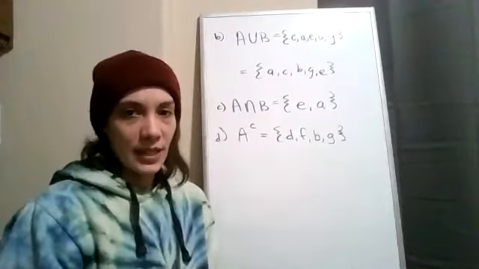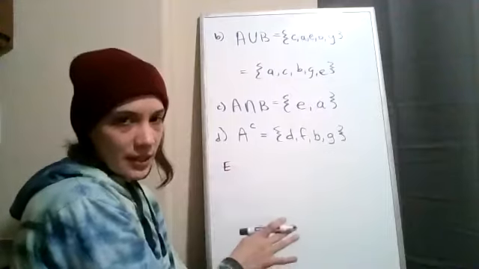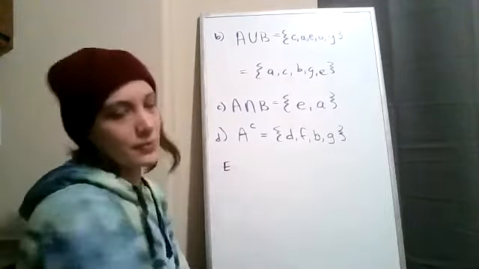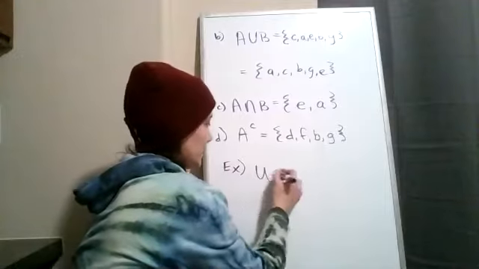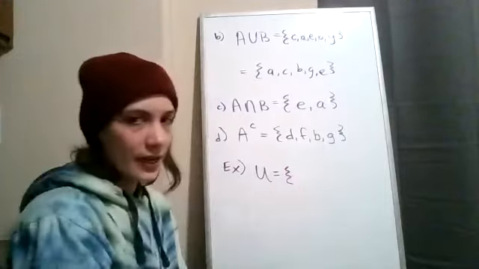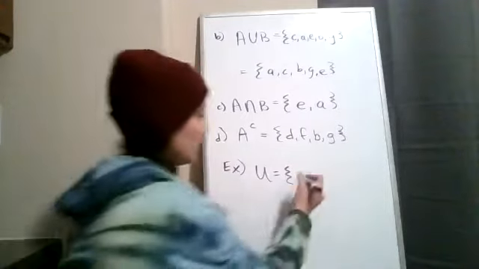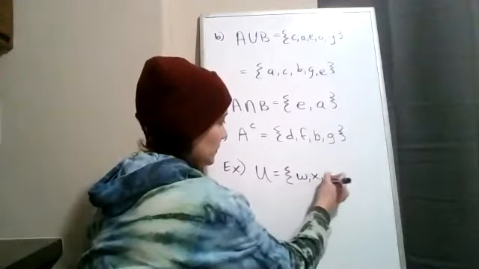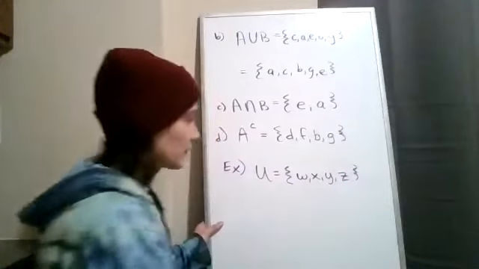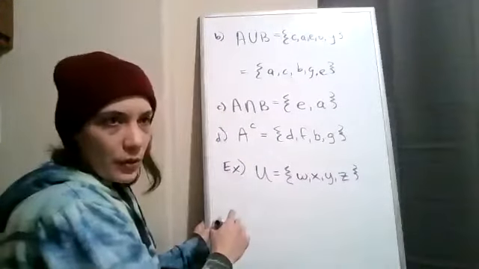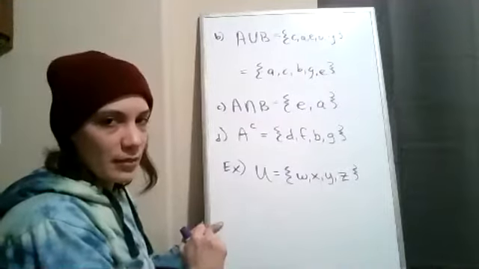Okay, I think this will be the last example. And I have a few more definitions for the notes today. Okay, so we're going to put W, X, Y, Z in our universe. I am going to change the name of the sets.